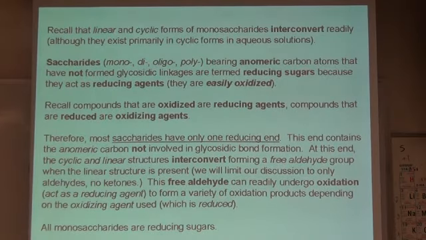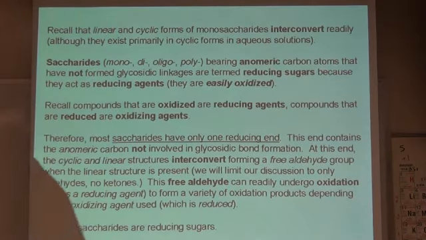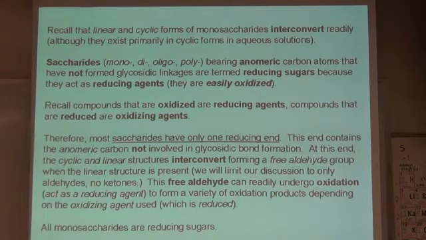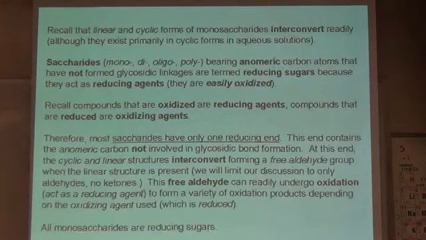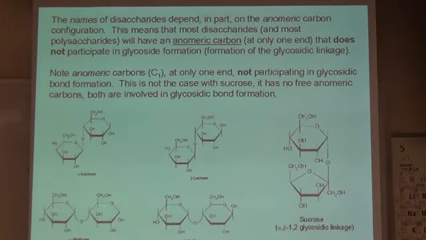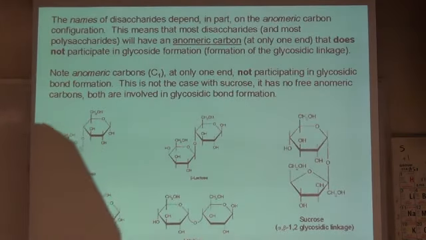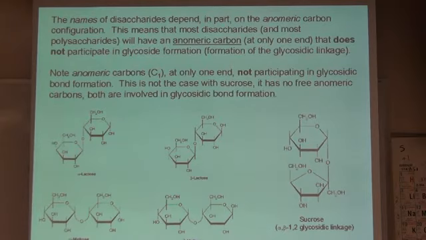But if you have a free anomeric carbon, you're going to be reducing in this class. All monosaccharides are reducing. So if we were to look at our previous disaccharides, which one of them would not be reducing?